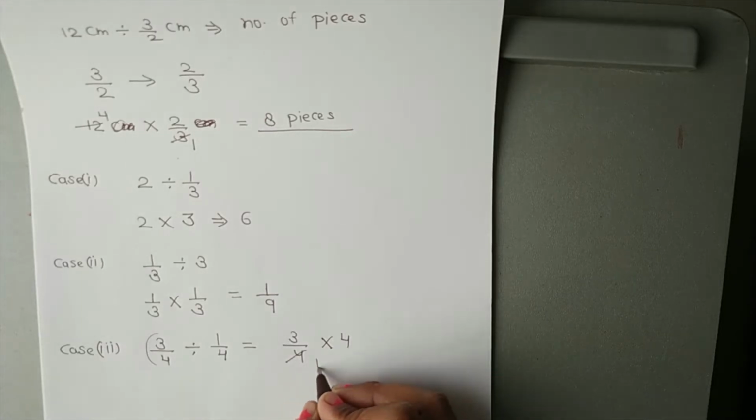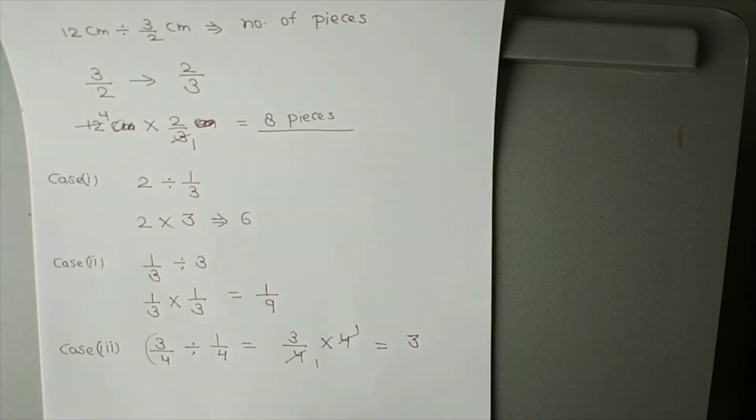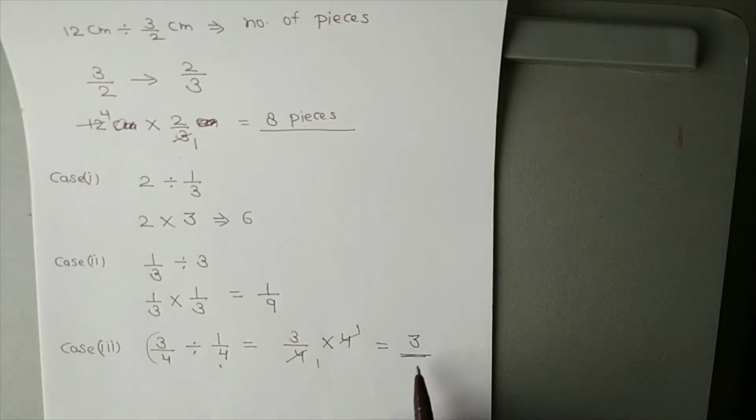So 4 and 4 will be cancelled, and the remaining is 3. It means suppose this is the total length of the strip and we want to cut a smaller strip whose length is 1 upon 4. So how many pieces will there be? 3 pieces will be there.